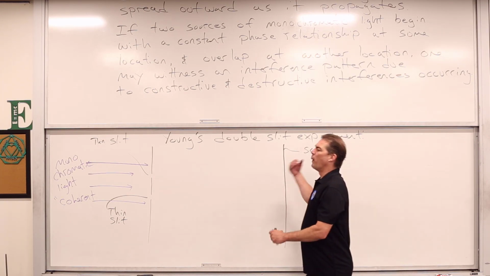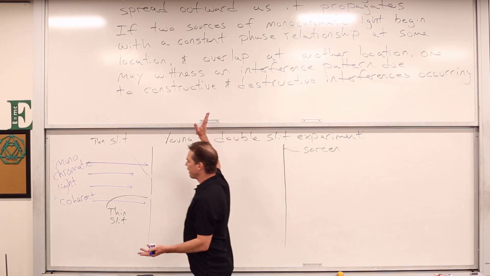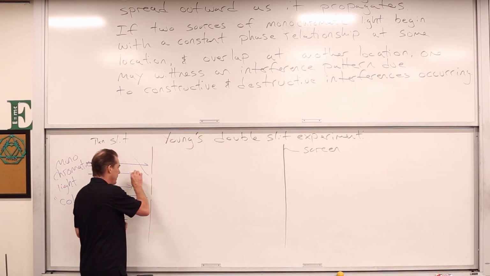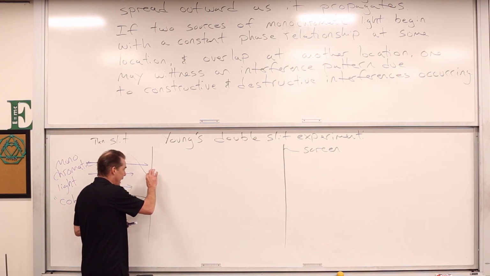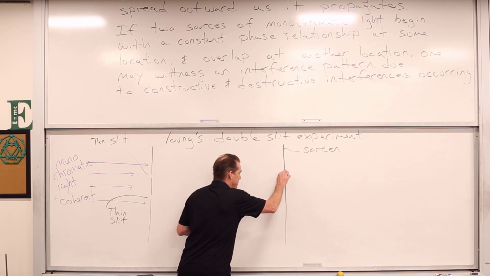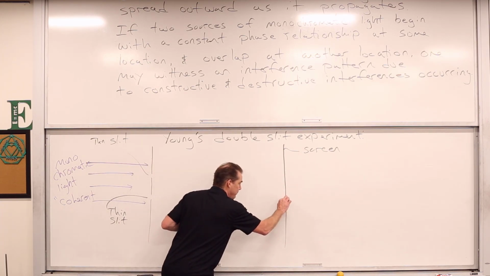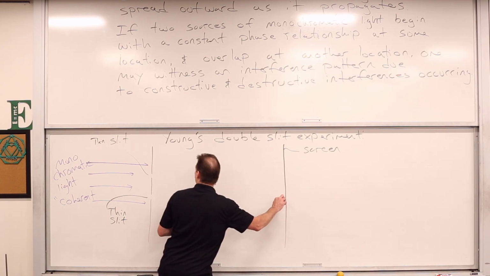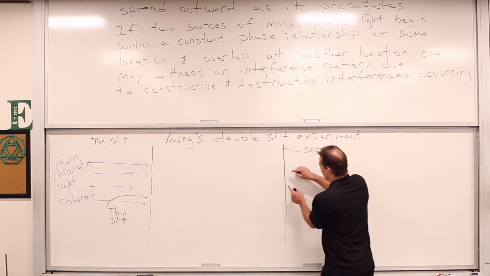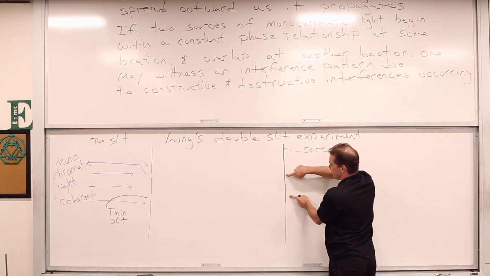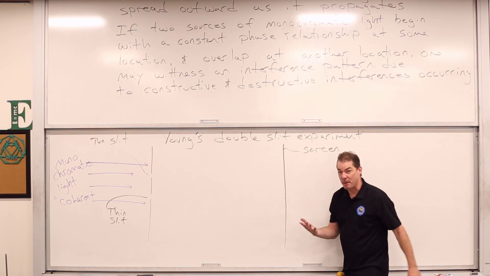So if light wasn't a wave, if diffraction did not occur, we would expect that the beam that goes through this location just produces a nice bright spot right there. And the light that goes through this location produces a little bright spot right there. So we would think that we get these two bright spots here and here. But that's not what was observed.